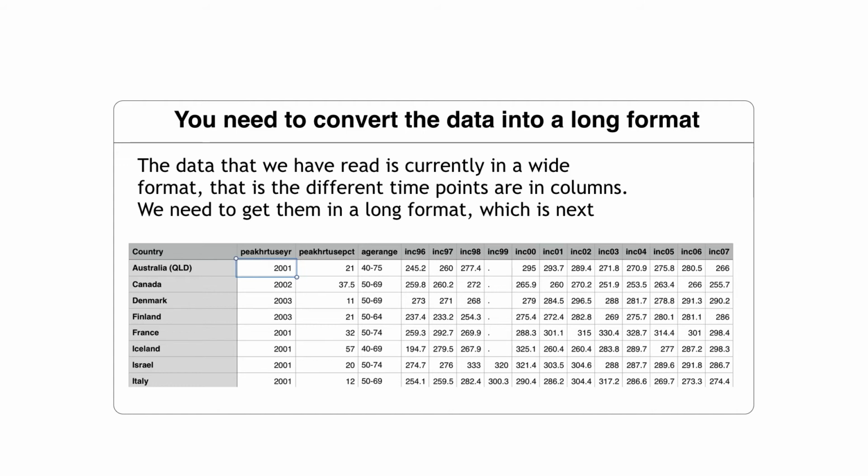And then you see what the percentages were at the time they reached their peak. And then you see the age ranges of those countries in which mammography-based breast screening programs are started. In the next few columns, you see the incidence rates of breast cancer in these countries, starting with the year 1996 and ending in 2007. We see that for the year 1999, there was not much data available.